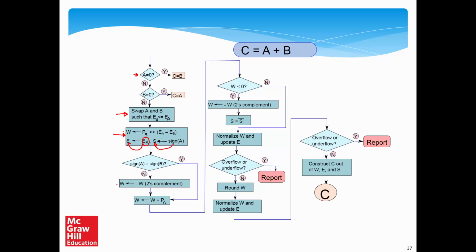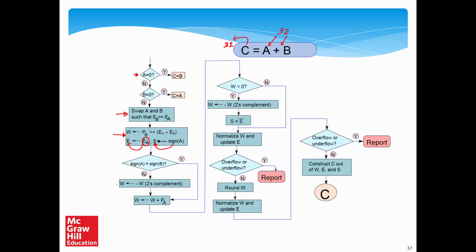The constraint is that the inputs will be 32 bits, and the output also needs to be 32 bits. But inside the circuit, we can represent the significands and the mantissas with more bits, and later discard some bits using a proper rounding policy. That's the reason the order of right shifting and 2's complement does not matter, as long as we have sufficient space, which we are assuming to have.